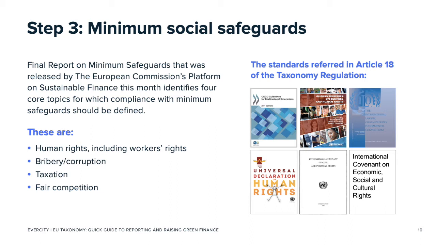So human rights, bribery, taxation, fair competition. Again, the challenge here will be that not all companies have this data. They probably didn't collect it before. But at the same time, there are some intersections with other sustainability reporting standards which can be investigated and integrated into the reporting.